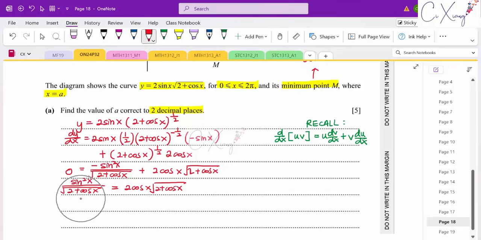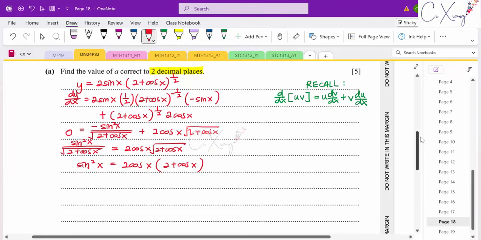To get rid of the denominator here, I bring it over and multiply. So I'm having sine square x equals 2 cos x, square root multiplied with square root, you'll get exactly what you have in the bracket, so 2 plus cos x.